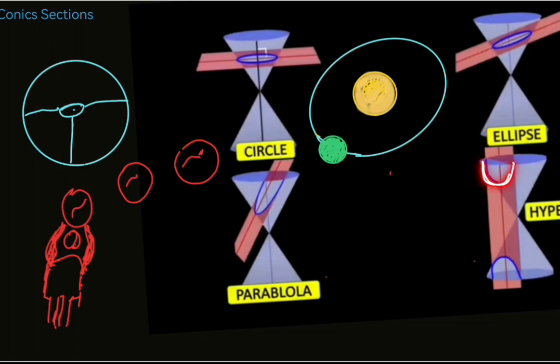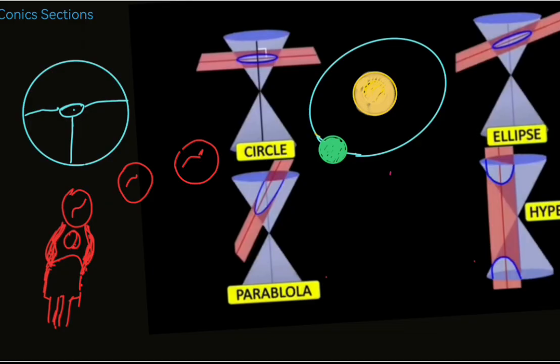So this plane makes two different curves along the cones. These cones after being cut by a plane make a hyperbola. So these four types of shapes are categorized in the same group, these are conic sections.